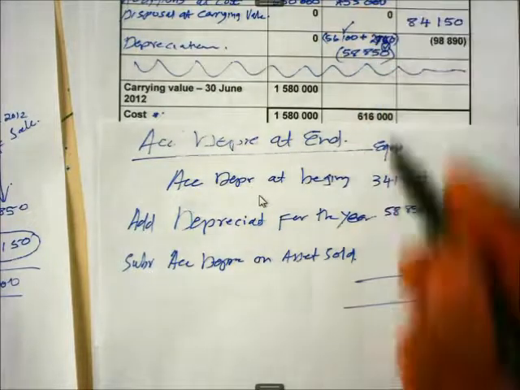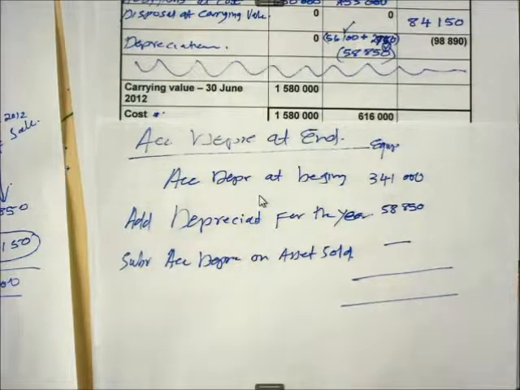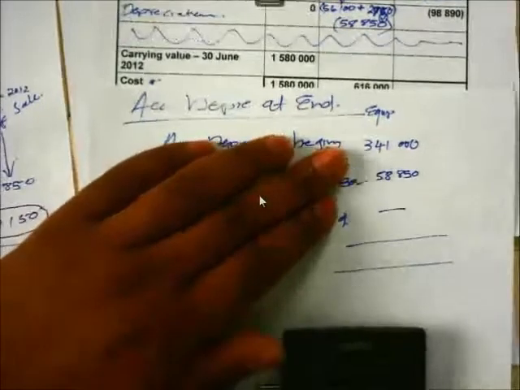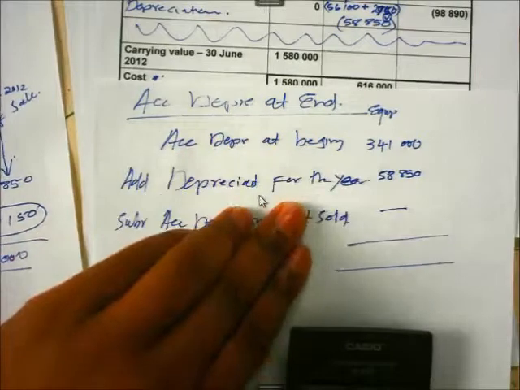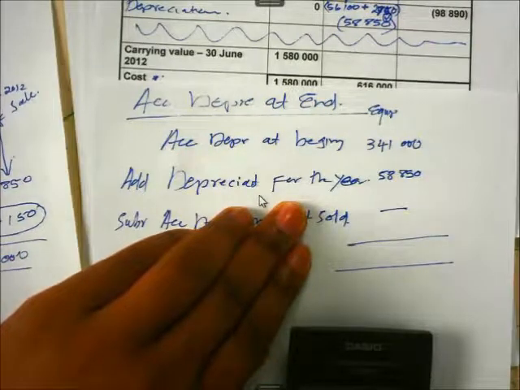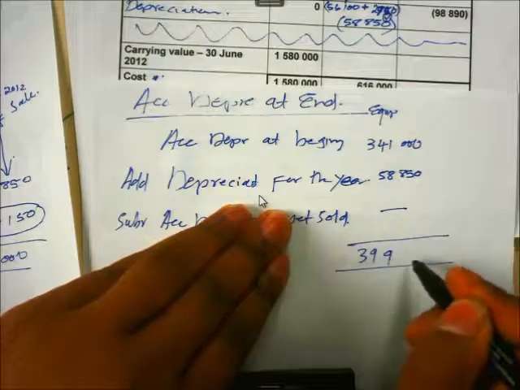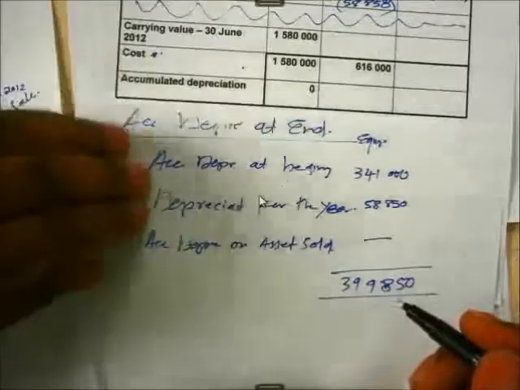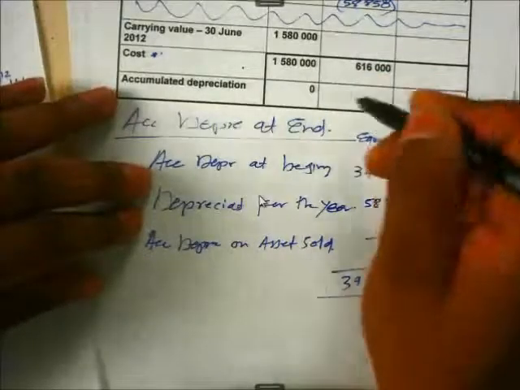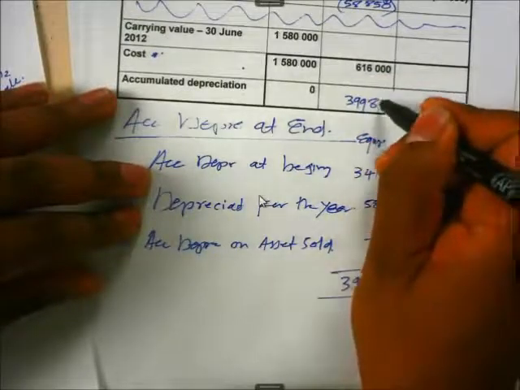No equipment was sold during the year, therefore you won't have any value there. So accumulated depreciation at the end of the year would be 341,000 plus 58,850, which gives us 399,850. This is the value that we bring here.